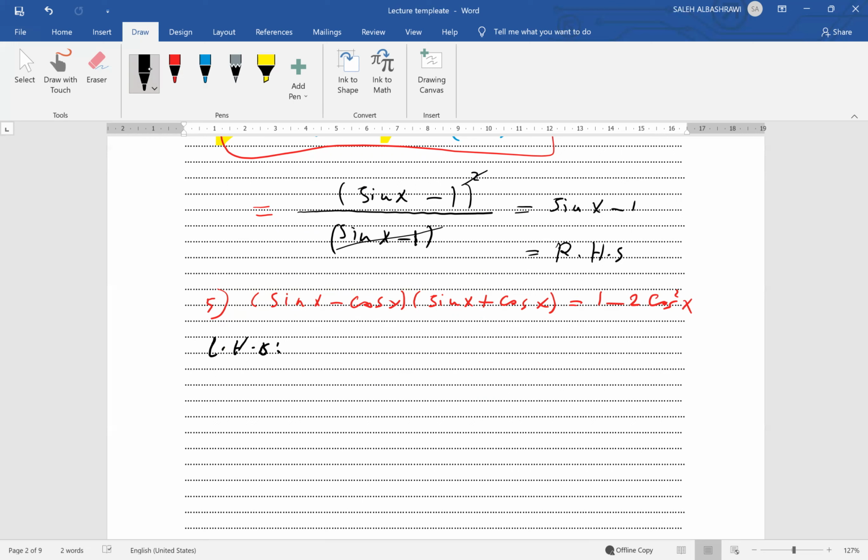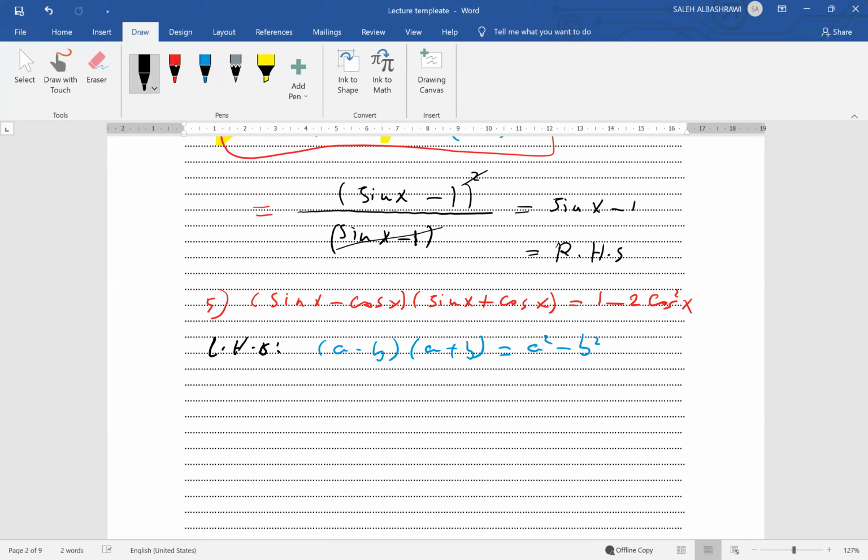For the left-hand side, I have sine x minus cosine multiplied by sine x plus cosine. For this one, I will use the identity A minus B multiplied by A plus B, which is equal to A square minus B square.